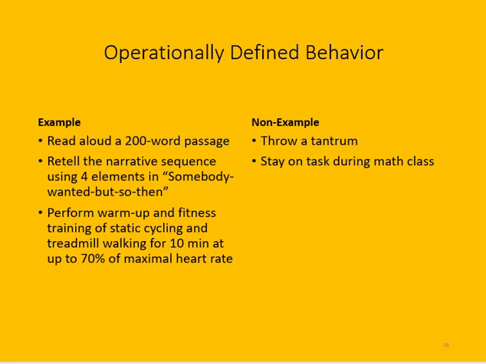Throwing a tantrum and staying on task are vague and subjective. Meanwhile, the 3 remaining can be seen, heard, counted, repeated, and rated with a fair amount of consistency across observers.